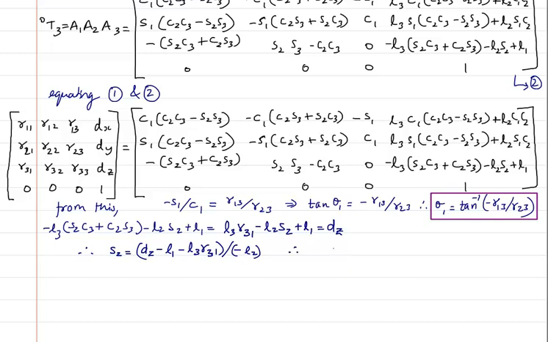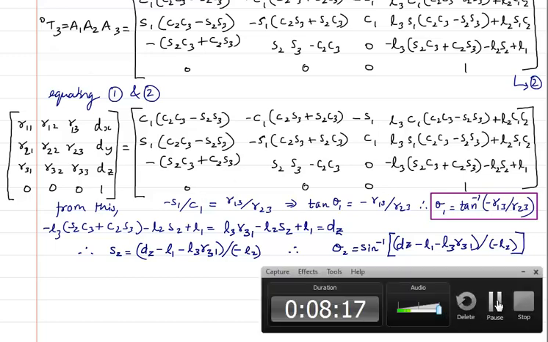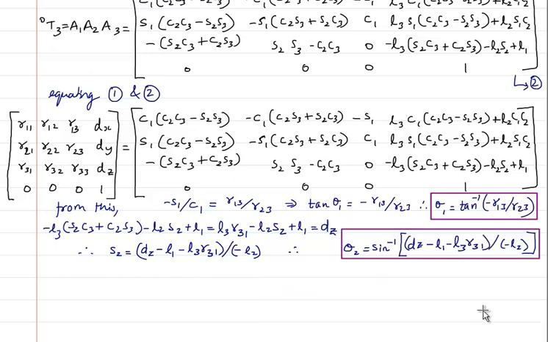Therefore, theta 2 is equal to sine inverse of whatever is within this: dz minus L1 minus L3 R31, all divided by minus L2. That will give me the answer. Let me put that in a box. So theta 2 is also done.